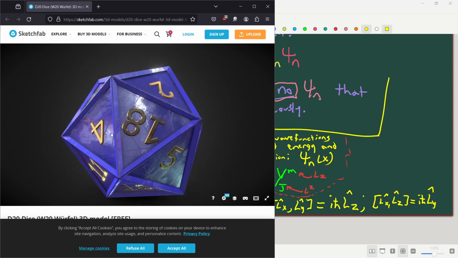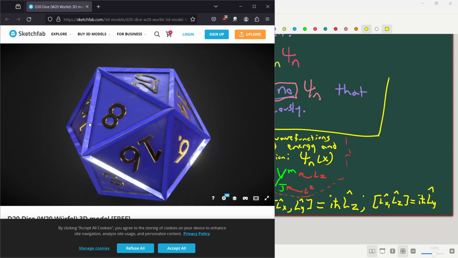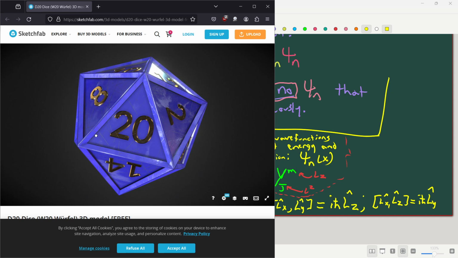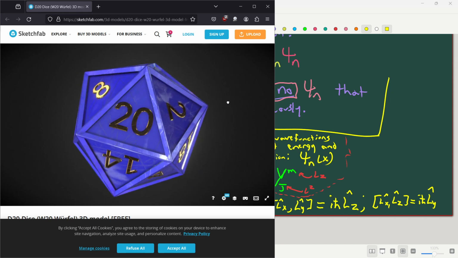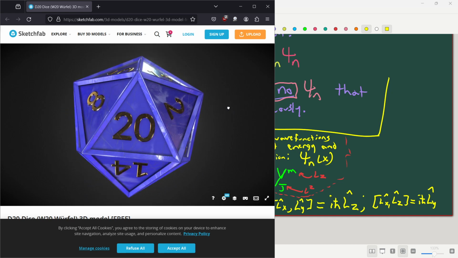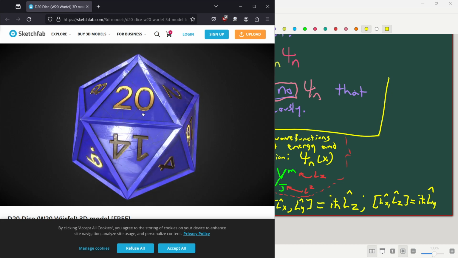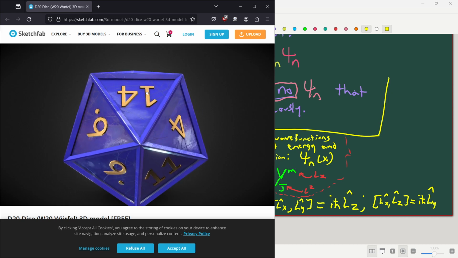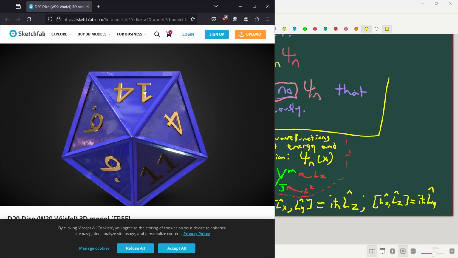I am failing my spot check at the moment. There we go. Now I'm going to rotate around the x-axis 90 degrees, so the 20 is going to be pointing up. And I'm left at this 5-way vertex.